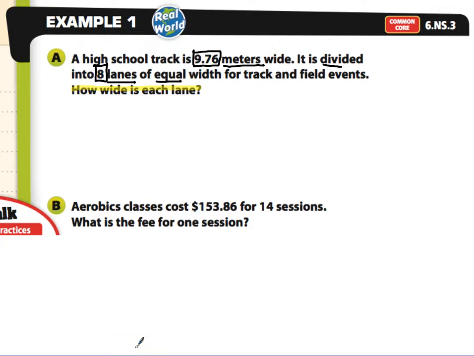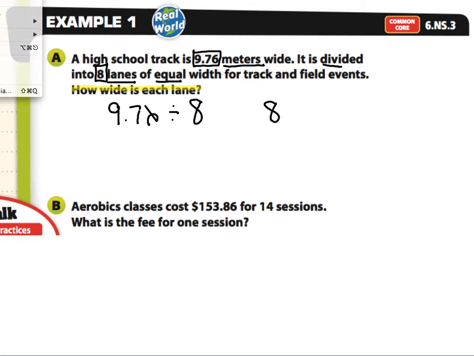So if I just look at my division problem, I know my division problem set up not as long division would be 9.76 divided by 8. Then I know my divisor always goes on the outside, and my dividend always goes on the inside.